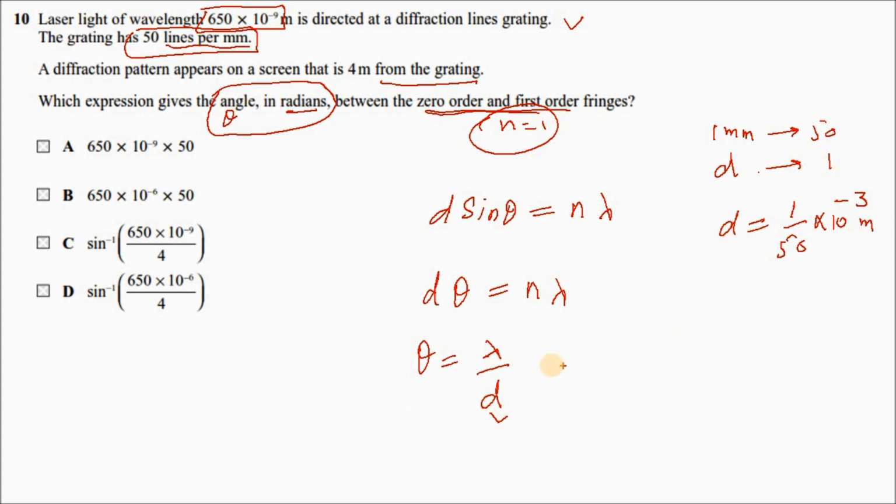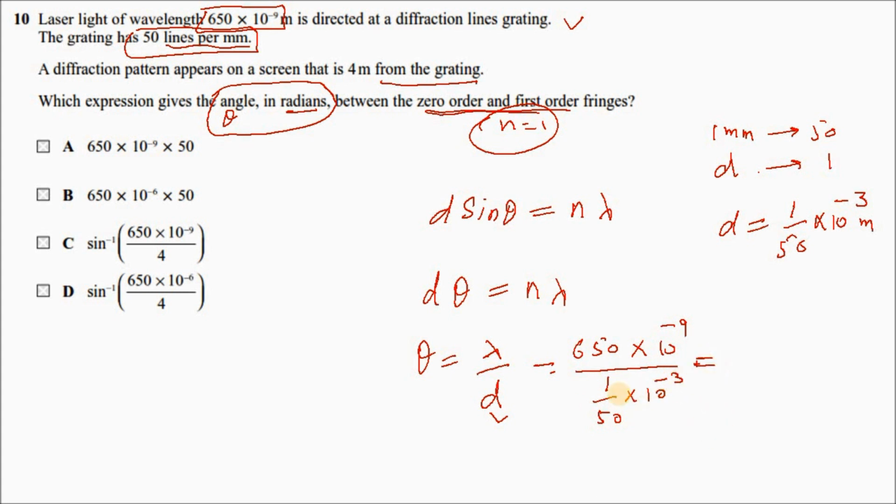So lambda is 650 × 10^-9 divided by, no, I'm sorry, d is 1 upon 50 into 10^-3.